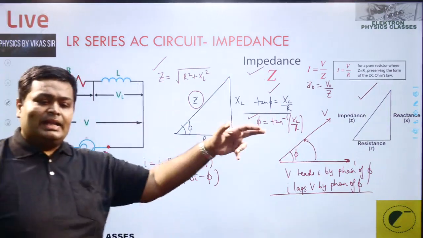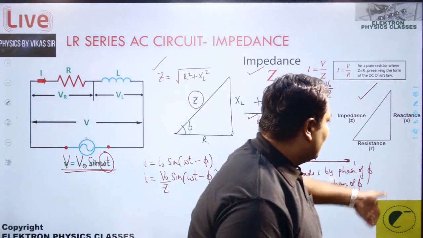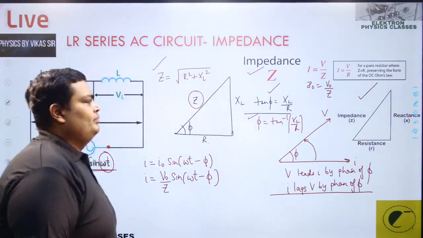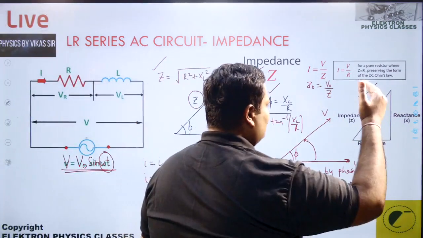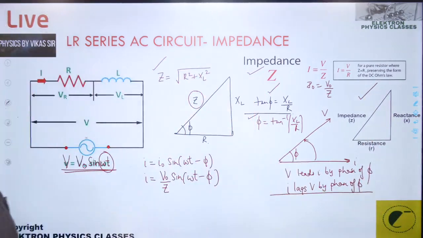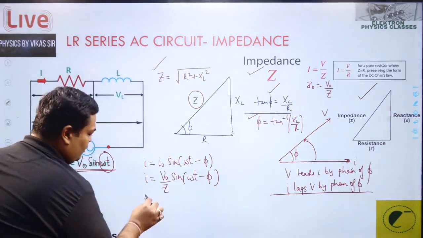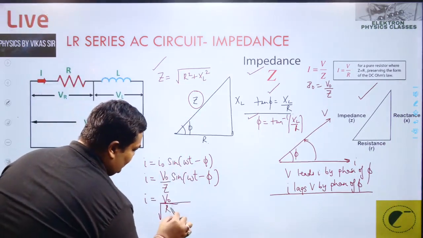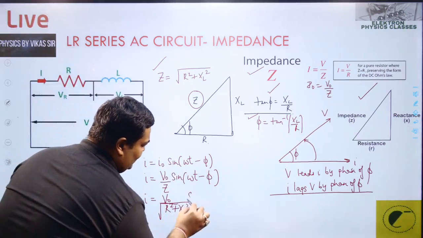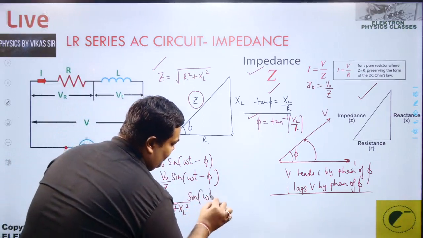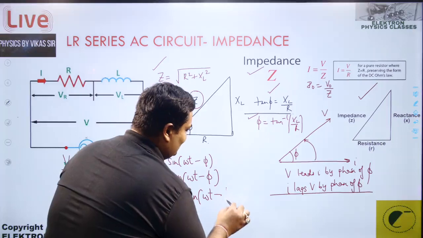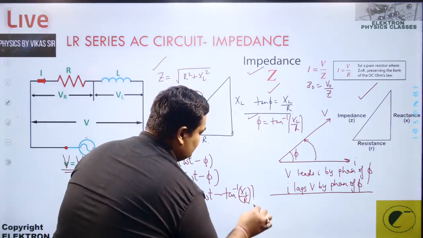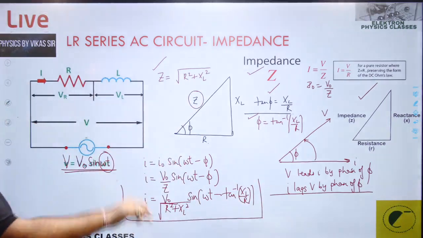What is there in the impedance triangle? On the Y part we have the reactance, on the X part we have the resistance. The real part, the imaginary part. Now just substitute the value for Z. What is Z from here? That's root of R square plus XL square into sine of omega t minus phi. Phi is tan inverse of XL upon R, and that becomes your output equation.